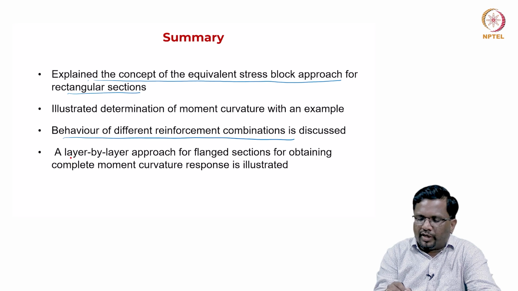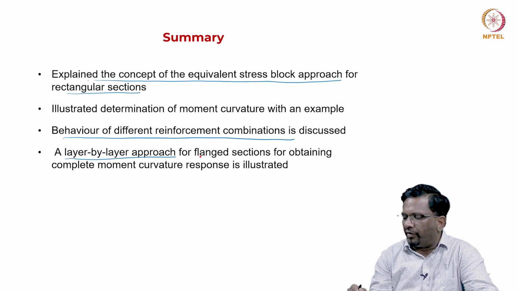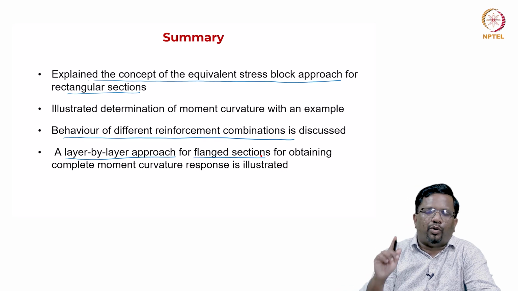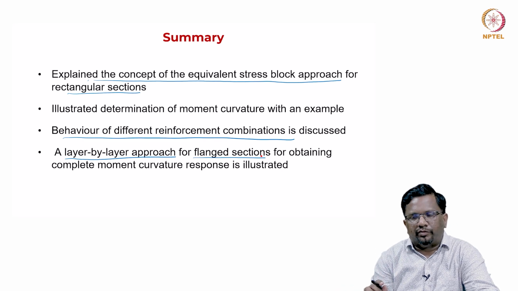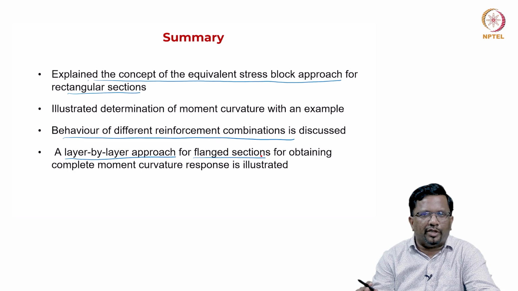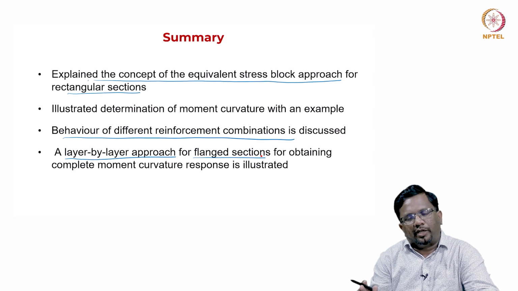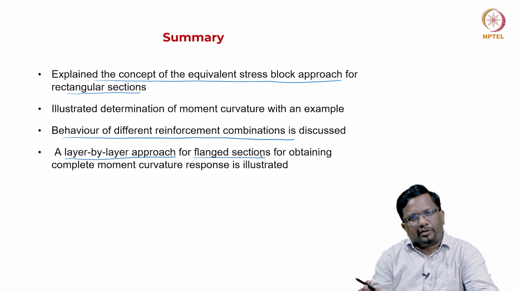Finally, we had a layer by layer approach for flanged sections, using a Thorenfels model, and calculated one point to get the moment and curvature. So, you can easily program it to get the moment curvature response for any cross sectional shape, and that can be used for any constitutive model for concrete or steel.